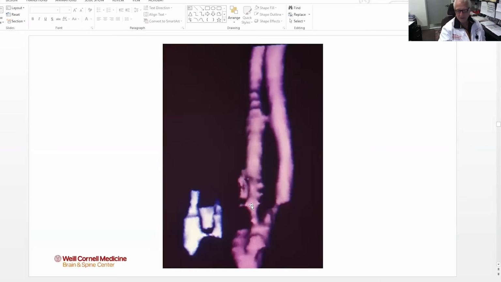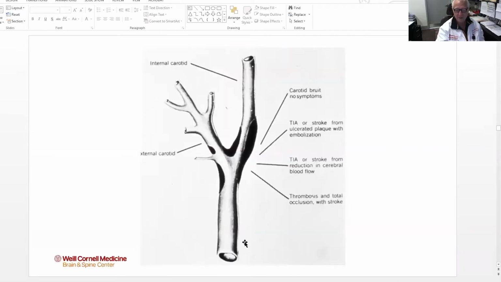And then this is the CTA. I personally prefer a CTA because it really looks at the dye column, and you're seeing dye within the vessel, and you can do different shadowing and certainly determine whether it's a calcified plaque. And understanding whether it's a densely calcified circumferential plaque is important when one is deciding whether to do a stent procedure versus a carotid endarterectomy.